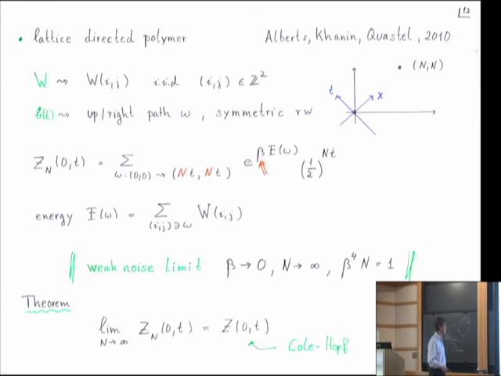Okay, so now the theorem is the following: when I take the weak noise limit. When you take weak noise limits in other cases, very often you lose properties of your system, right? So you might be worried here. The weak noise limit means that I want to make this random environment very, very mildly fluctuating.